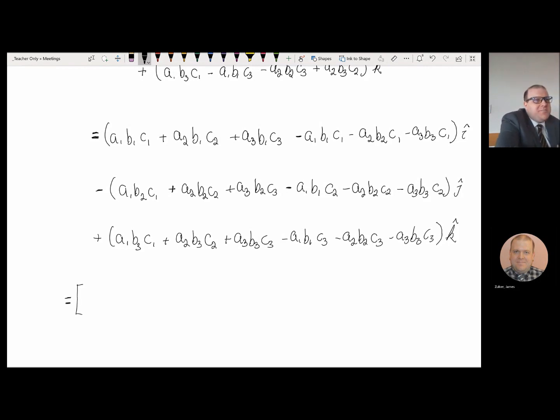The I component: from the first 3 terms, you can factor out a B1. From the second 3 terms, you can factor out a negative C1.